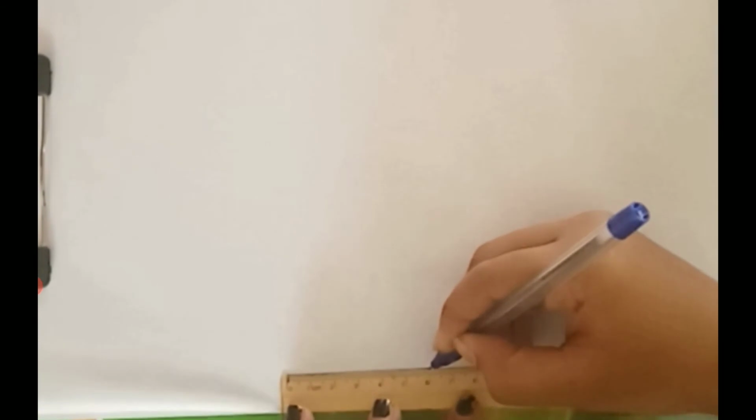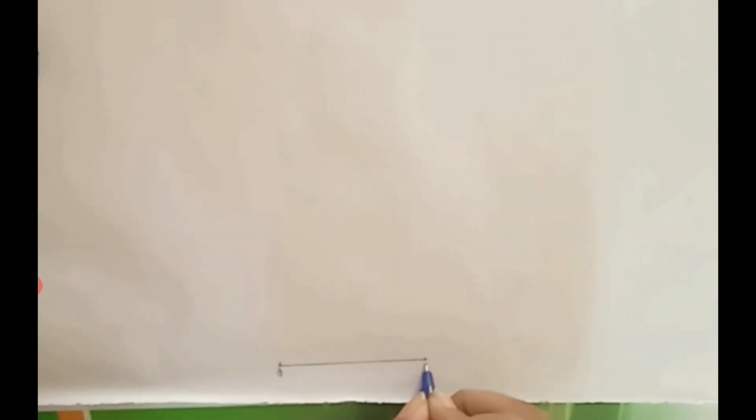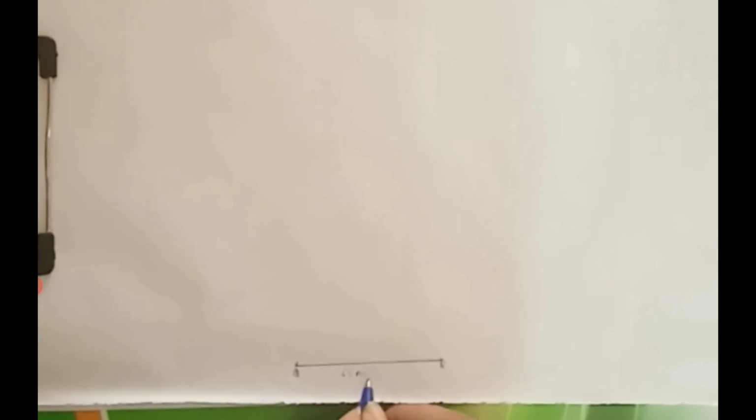Draw a baseline of 6 cm length, that is QR. QR is a baseline with the measurement 6 cm. At a point Q, construct a 60 degree angle with the help of the compass or protractor. You know the method of constructing the 60 degree angle.